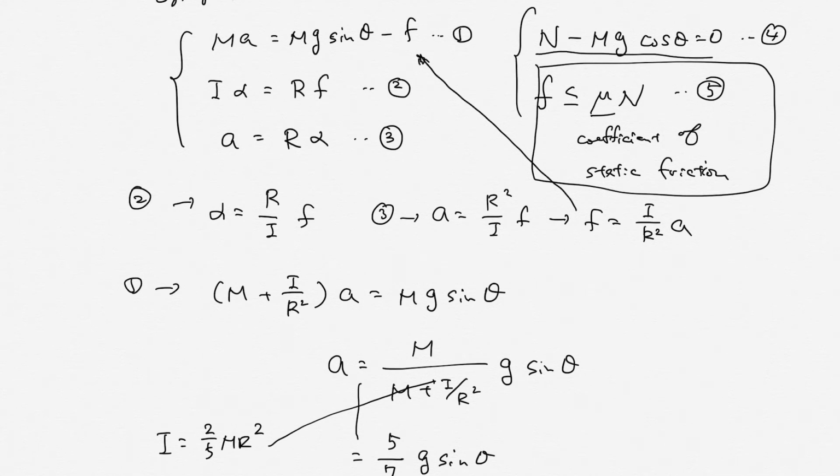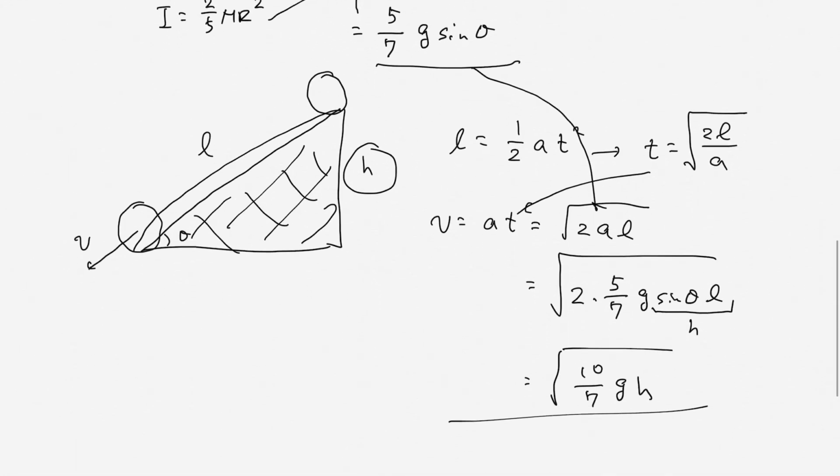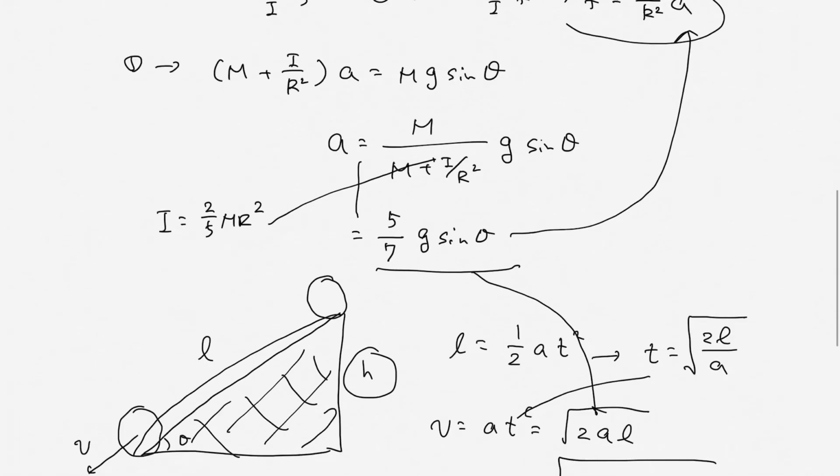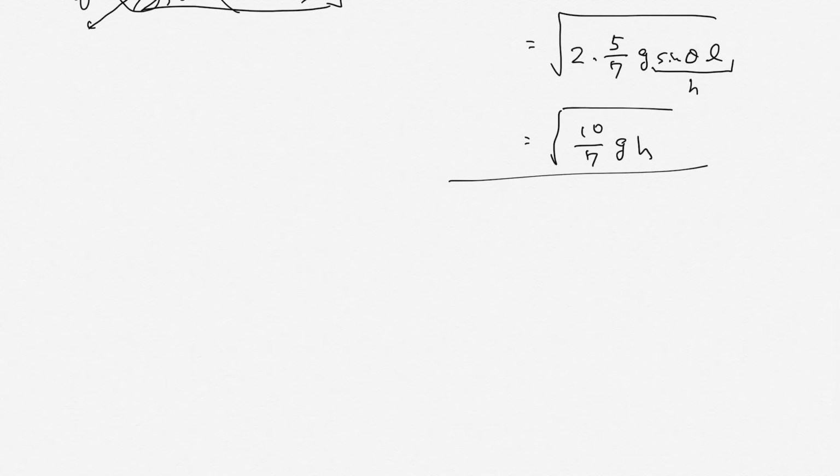F is smaller than or equal to mu N. You can substitute N equals mg cosine theta.